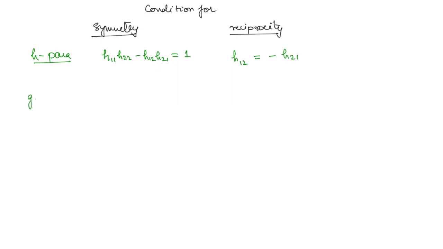Okay, then what about the G parameters? Here also something similar is going to be there, G11 G22 minus G12 G21 is equal to 1, and similarly G12 is equal to minus G21. So these are the conditions for symmetry and reciprocity using the H parameters and the G parameters.